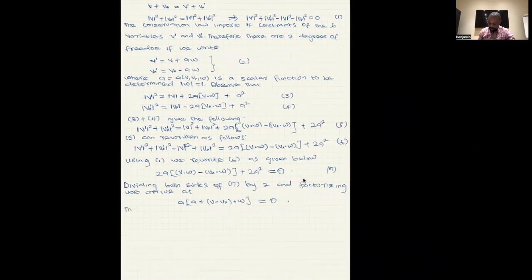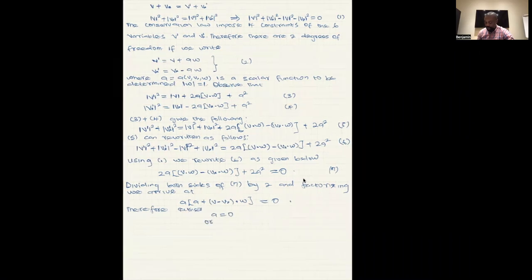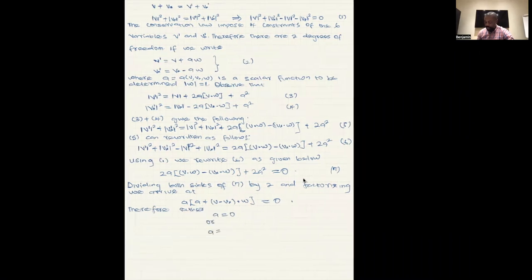Therefore, either A is equal to 0 or A is equal to minus v minus v star dot omega.